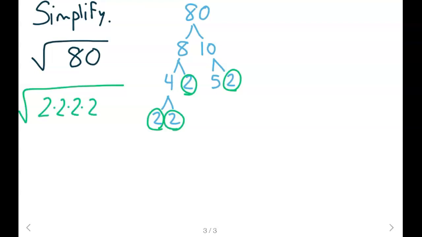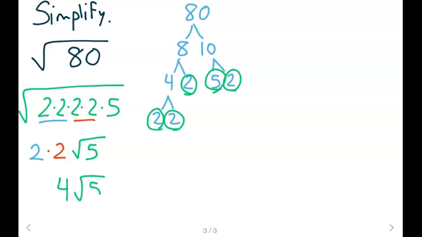And then we have this factor of 5. You're looking for pairs of the same number. So we've got square root of 2 times 2, that's 2. Those can square dance. Square root of 2 times 2 is 2. Those can square dance. And then this 5 is left underneath the radical. In front of the radical, we have 2 times 2, that's 4. So 4 square root 5.